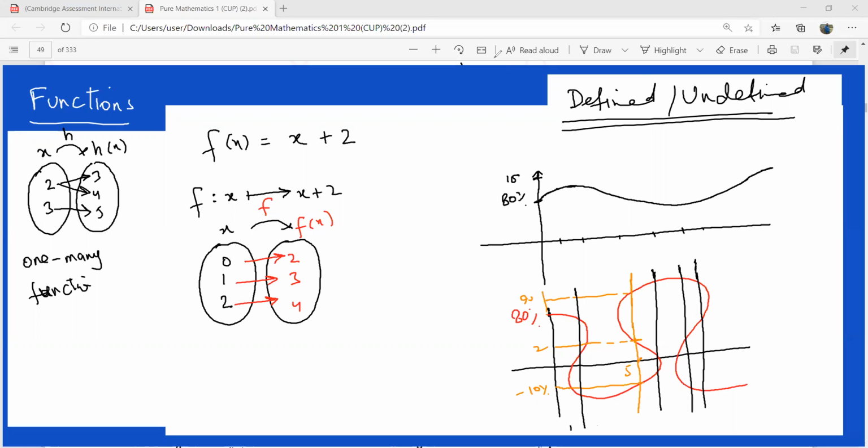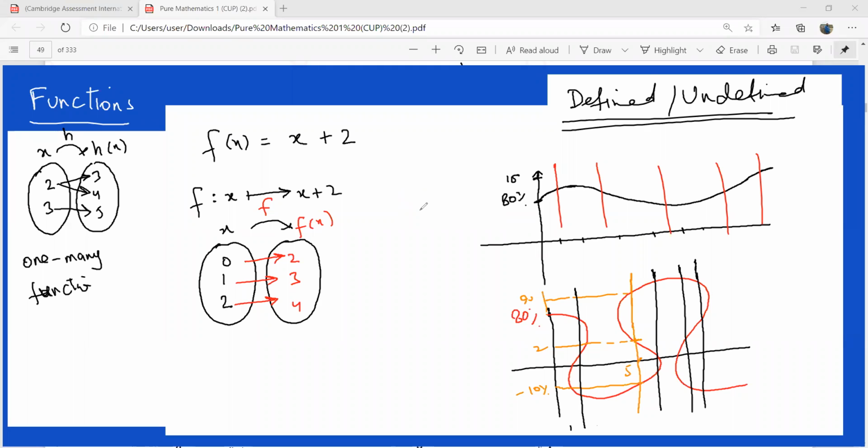Now, if you look at this upper graph, you can draw as many lines as you want, but no line would pass through this curve twice because this is a defined function. So this one is a defined function and this one is not a defined function.